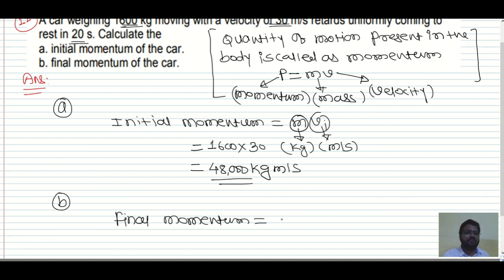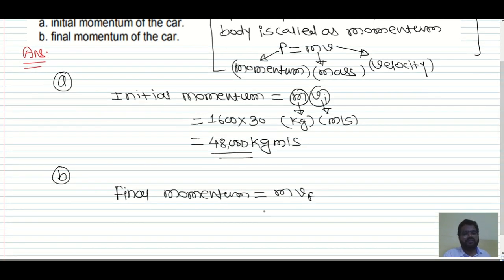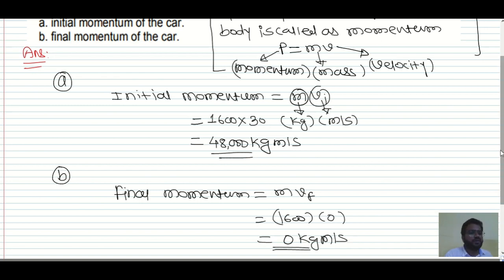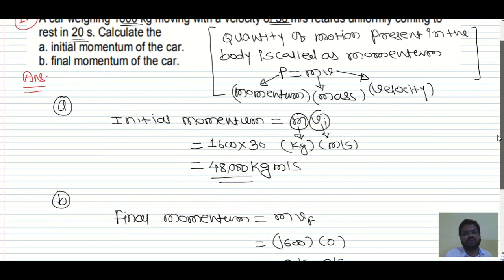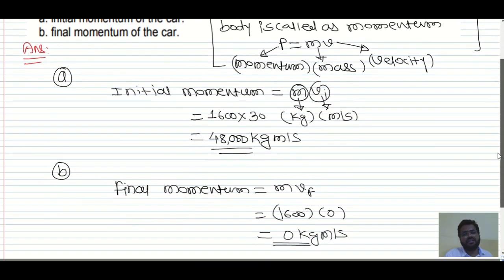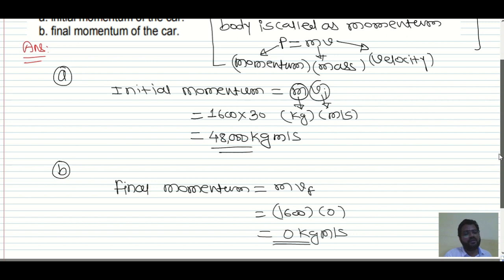What is the final momentum? m into v final. What is v final over here? It will come to rest, so 1600 into 0 meter per second. If you multiply this, you get 0 kg meter per second. So this is the final momentum. Initial momentum is 48,000 and final momentum is 0 kg meter per second.